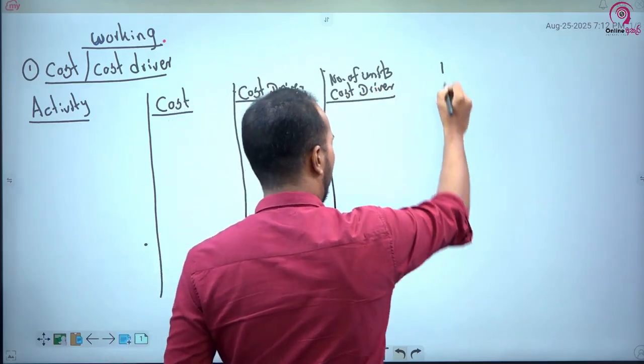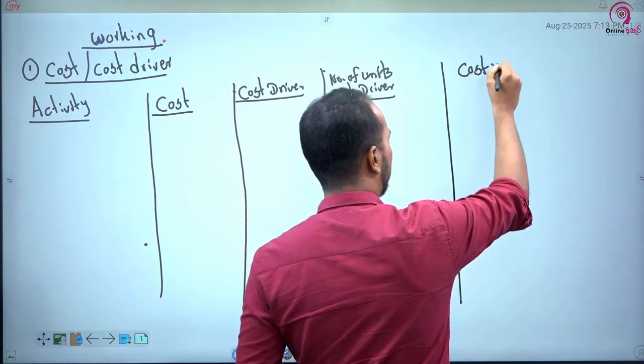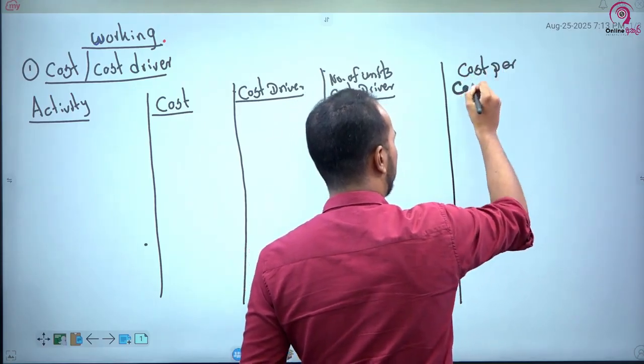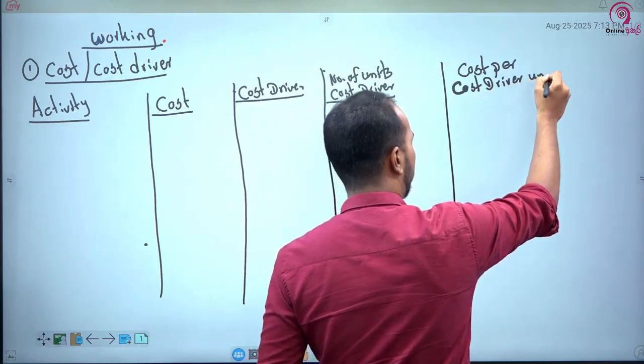And then I have to take the cost per cost driver unit. See carefully how I am going to arrive at this.